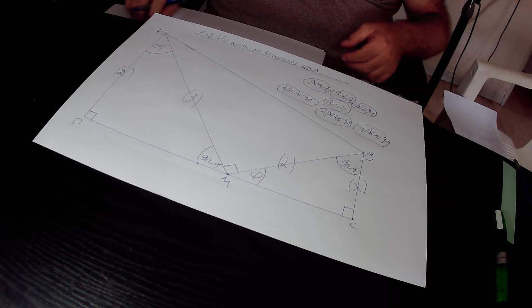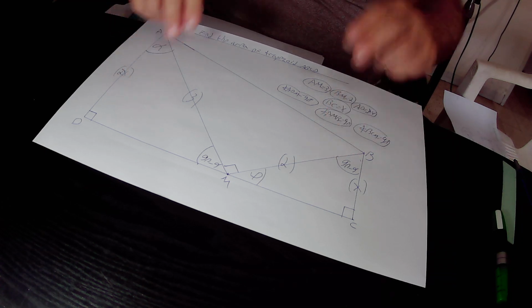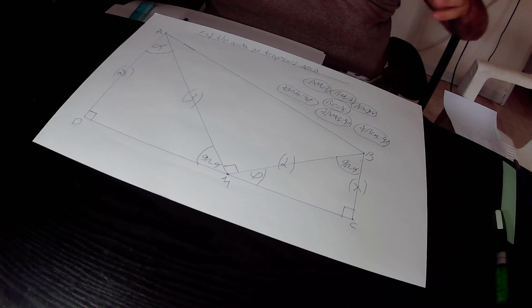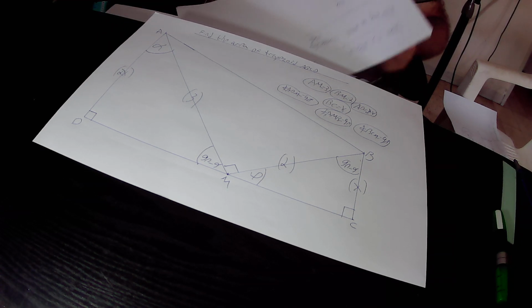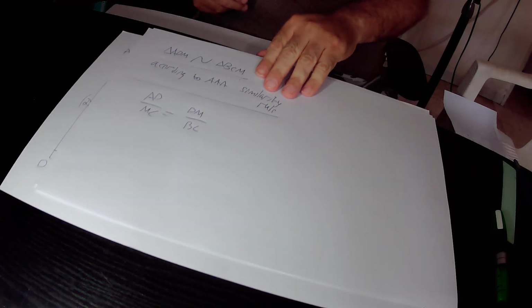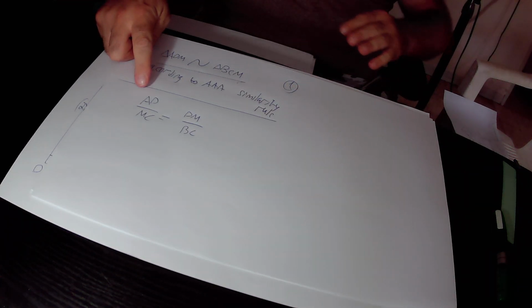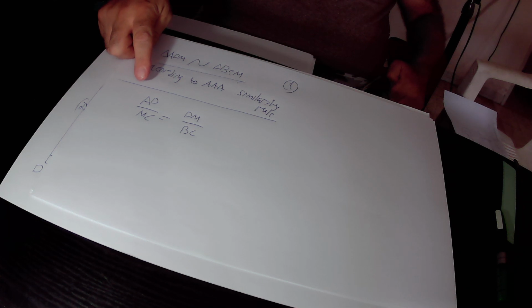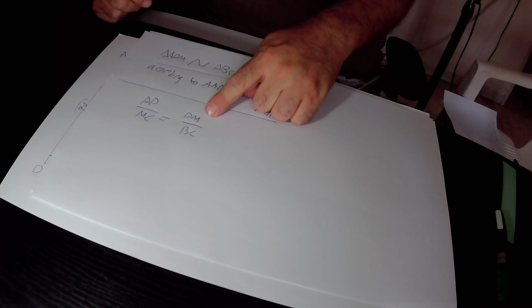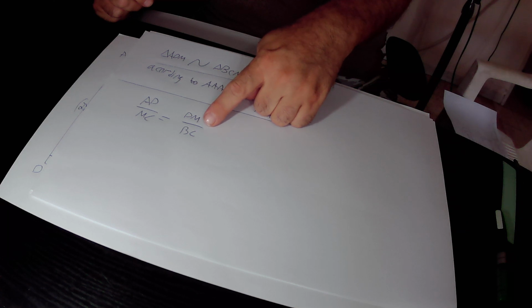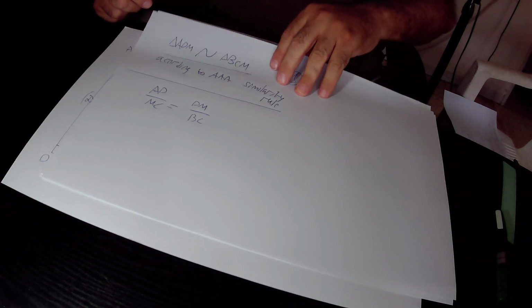Again, from the fact that those two right triangles are similar to each other, we derive that the following relationship exists between their sides. Side AD of the right triangle ADM over side MC of the small right triangle BCM is equal to side DM of the big right triangle ADM over side BC of the small right triangle BCM.